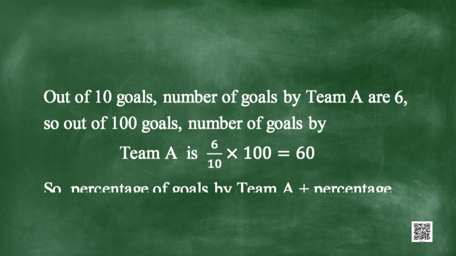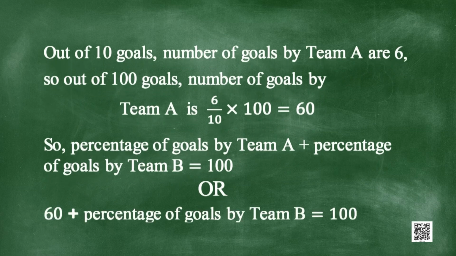In fact, we can also find the percentage by using another method called the unitary method. So let's find the same percentage using the unitary method. Out of 10 goals, the number of goals by team A is 6. So out of 100 goals, the number of goals by team A is equal to 6/10 multiplied with 100, which is equal to 60.